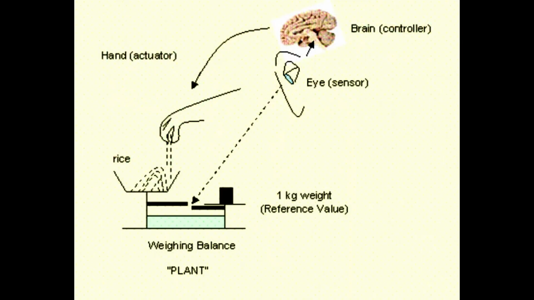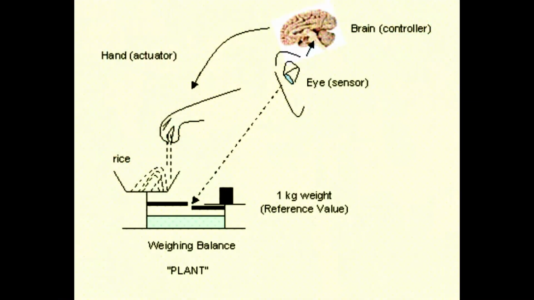The other way, which is much more sensible, is to have a weighing machine, and you give a set point to the weighing machine. In case it consists of 2 pans, you can put the set point, that is the 1 kilogram weight, on one of the pans, and in the other pan you pour out some rice, and the pouring is mediated by a hand.